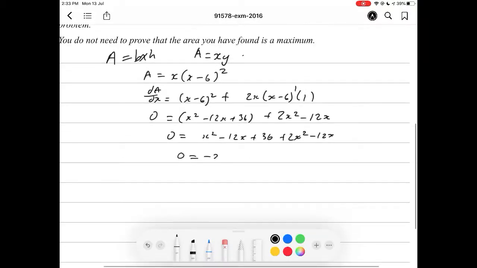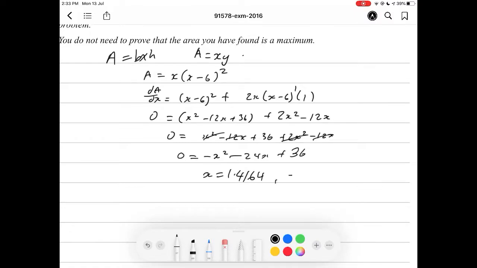Okay, so therefore 0 equals negative x squared minus 24x plus 36. And once again, we can just go straight to our graphics calculator. So it's polynomial. Alright, so we should get, interesting, x equals 1.4164 or x equals negative 25.416.